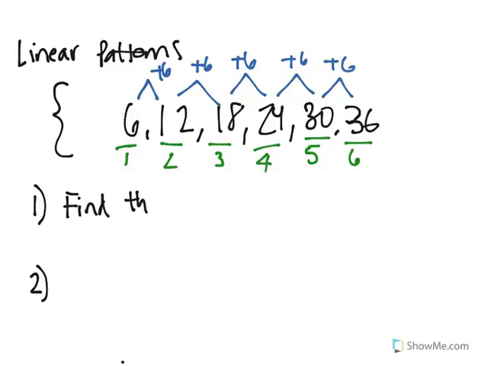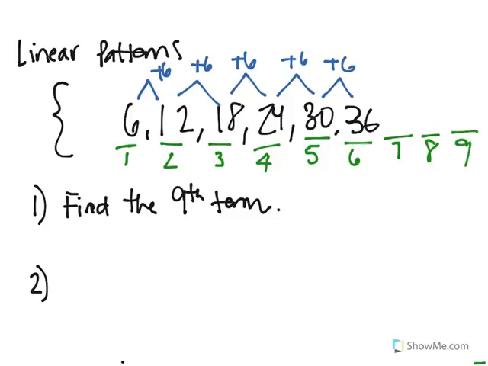So let's see, find the 9th term. Okay. So we're at the 6th term, so we need to find the 7th term, then the 8th term, then the 9th term.